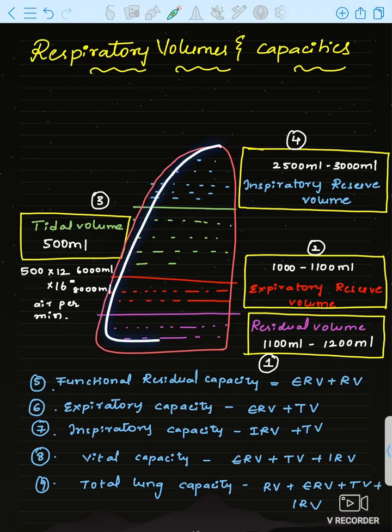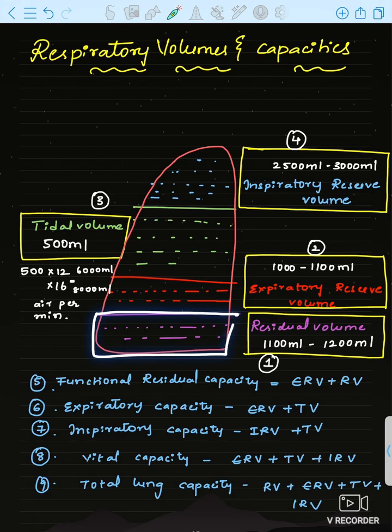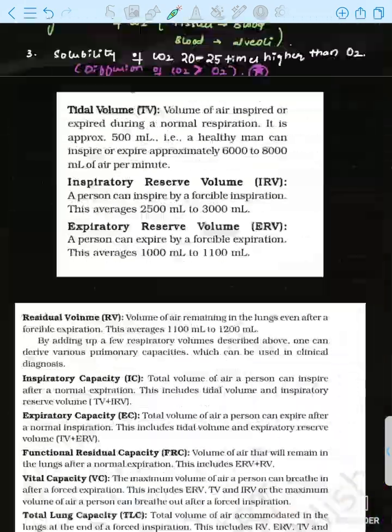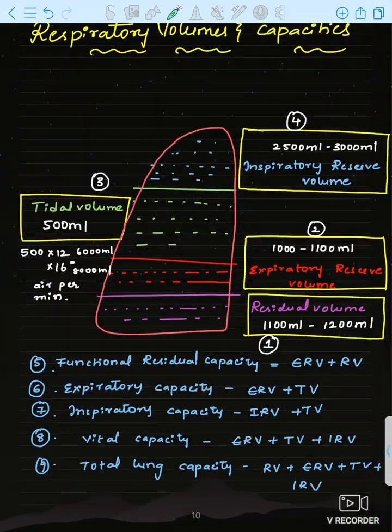First, imagine this is your lung, okay? Whenever any breathing process occurs, always some amount of air will remain in the lung. No matter whether inspiration or expiration is occurring, every time there will be a residual volume, meaning remaining volume.